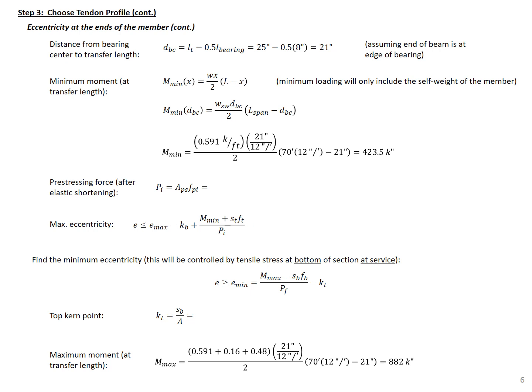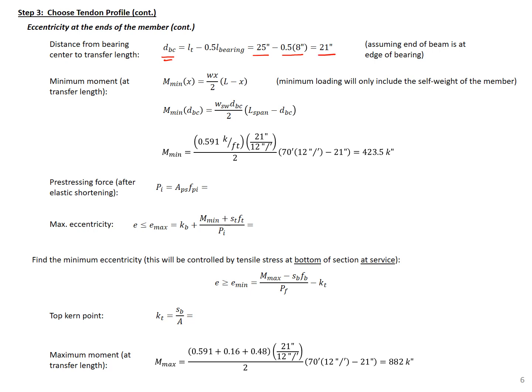So this distance from the center of our bearing to the transfer length is the distance that we use when we find our moment. Our transfer length is approximately 25 inches, based on taking 50 times the diameter of our prestressing strand. Then half of our bearing is 0.5 times 8 inches, which will give us a distance from the center of the bearing to the end of our transfer length of 21 inches.